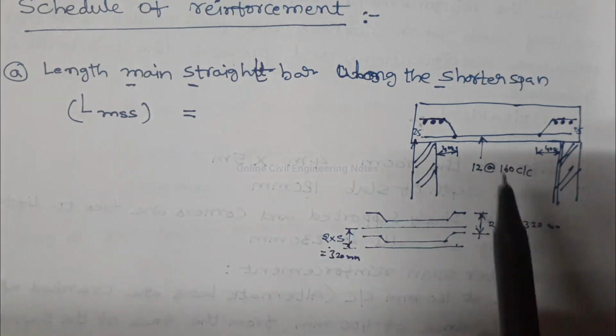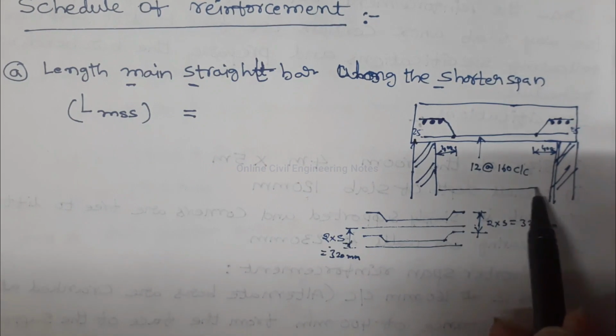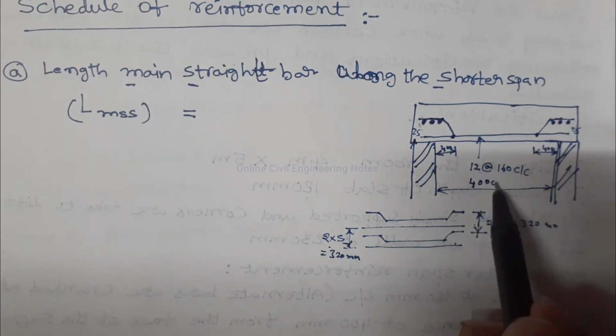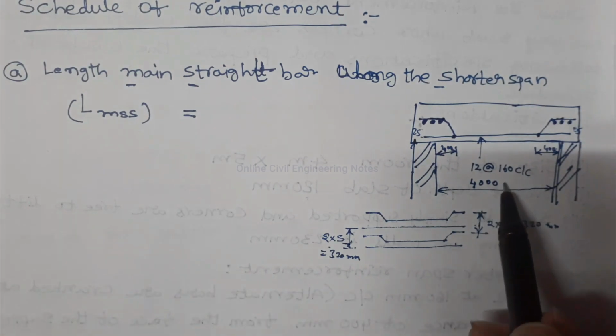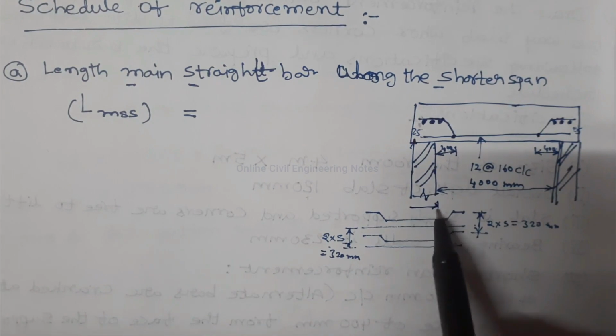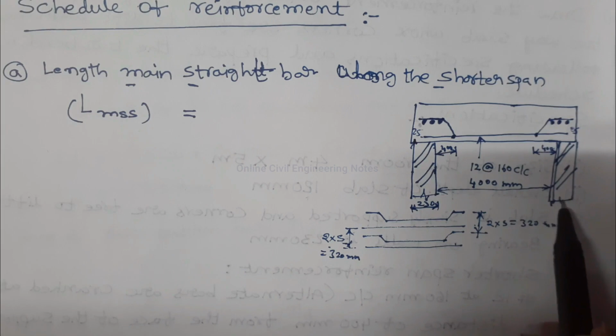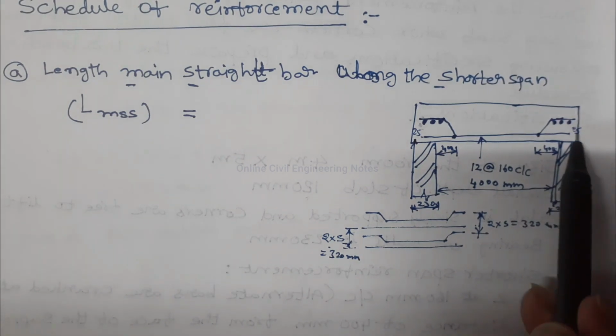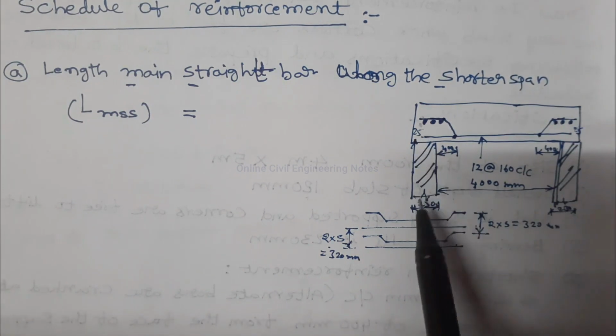The length of main straight bar is equal to, this is the clear span, 4000 mm. 4 meters means 4000 mm. Width of bearing is equal to 230 mm on either side of the slab. 230. These are the end covers, 25 mm, 25 mm.